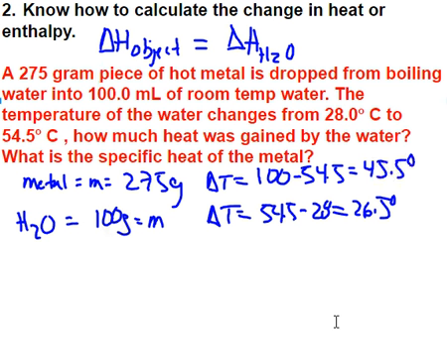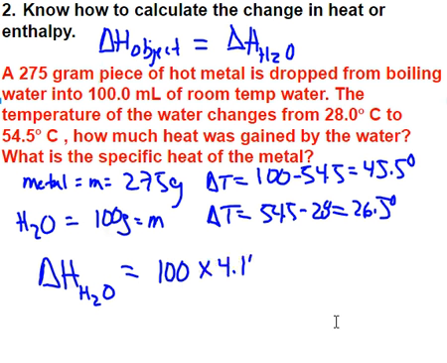And it says how much heat was gained by the water. Well, delta H for anything, we use MCAT, mass times specific heat times change in temp. So my mass for the water is 100 grams. My specific heat for water is 4.18. You just use the 2 decimals is fine. And then my temperature change was 26.5.